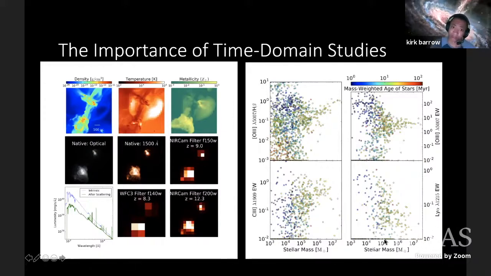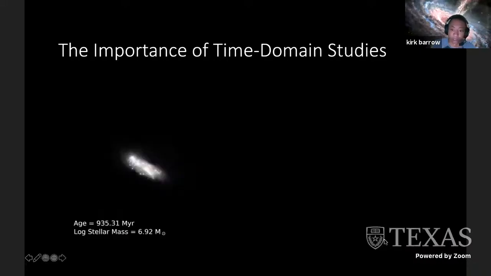It was a good statistical sample, but from a single snapshot, of course, you can't figure out where all of these relationships came from, and you really need to think about the full dynamic environment to really understand where all of these observables are actually coming from.